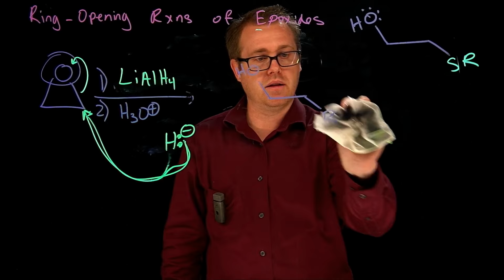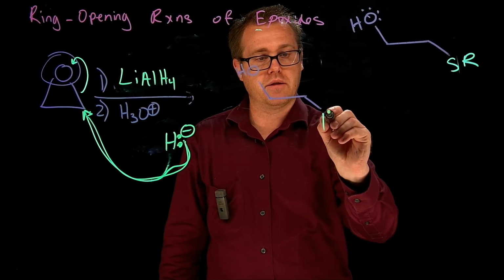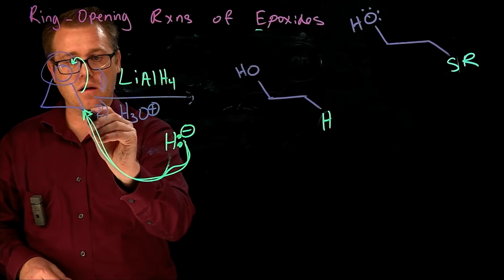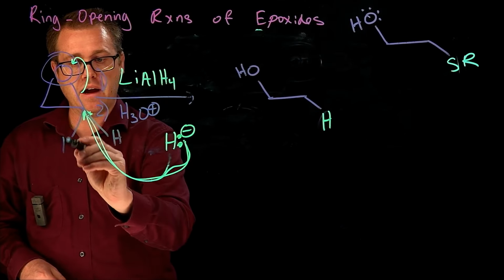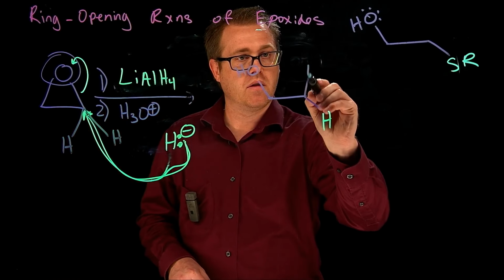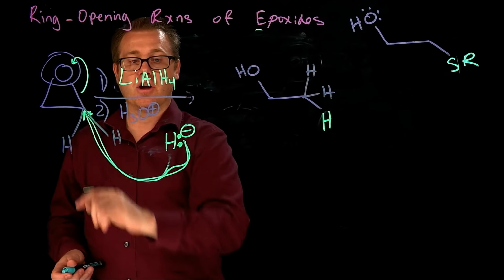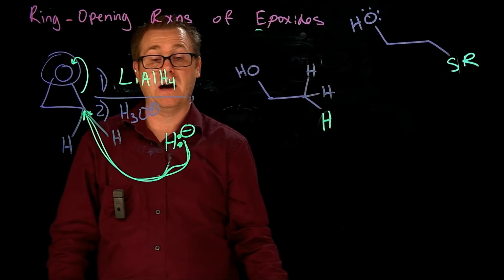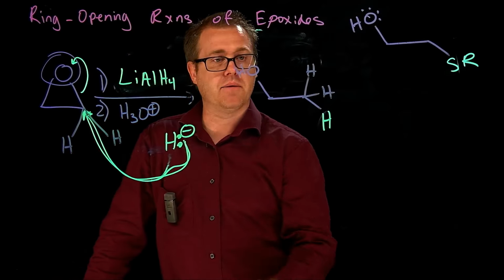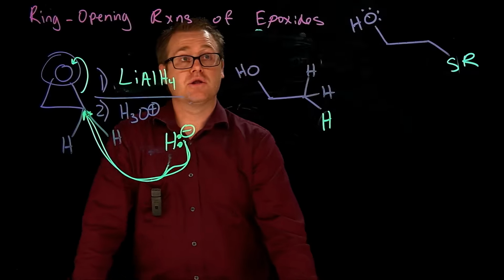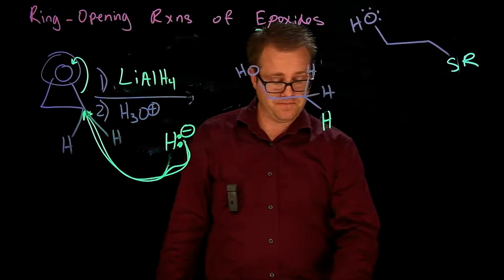It's going to add a hydrogen. But notice that right here, there are already 2 hydrogens, so we've added a third hydrogen to that carbon from the lithium aluminum hydride right there. Okay, so those are some examples of strong nucleophiles.